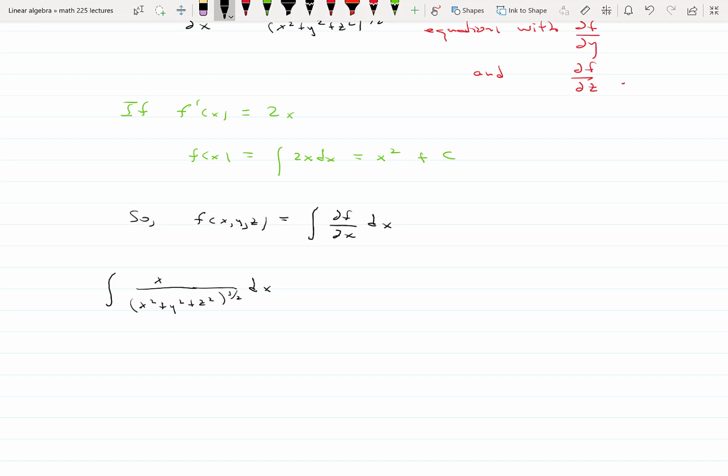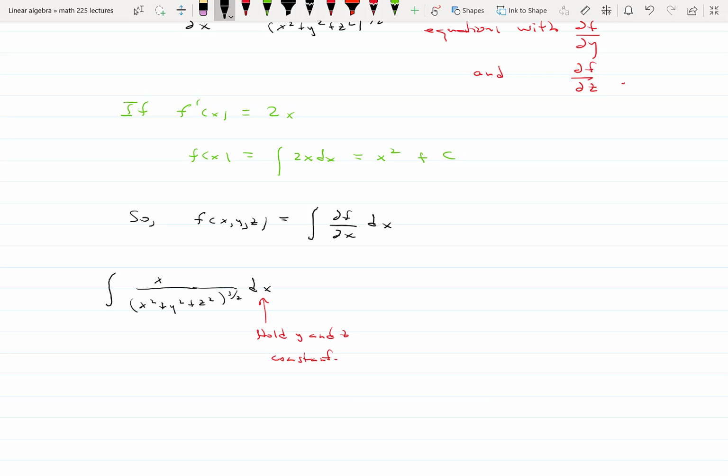When we took the partial derivative with respect to x, we held y and z constant. So it seems reasonable that going backwards and integrating with respect to x, we should also hold y and z constant. Then it's a real simple u substitution.